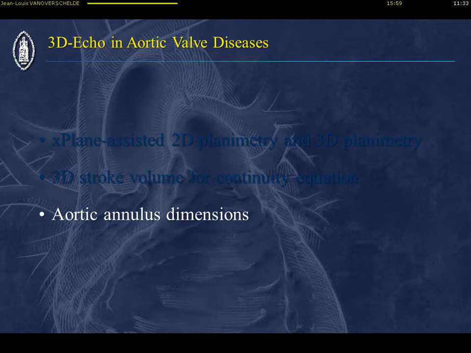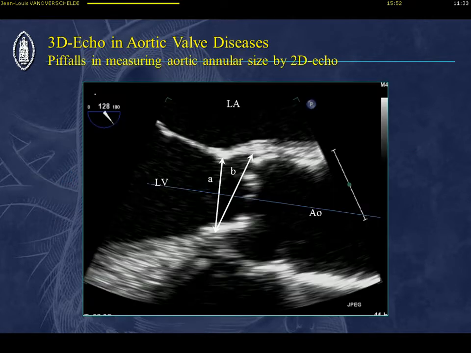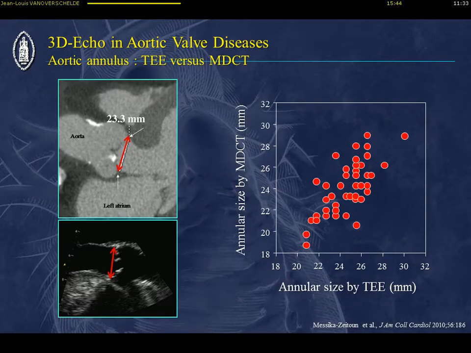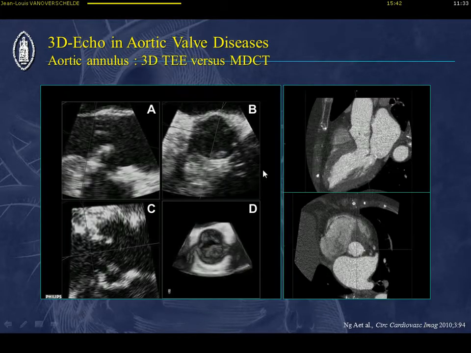Now, for those performing TAVI procedures, it's also important to have appropriate measurements of the annular dimensions. We usually do that by 2D and taking only the anterior-posterior dimensions, but you know that from CT imaging, these dimensions are probably not exactly appropriate, since we know that the orifice of the aortic valve, and particularly at the level of the annulus, is far from being circular.